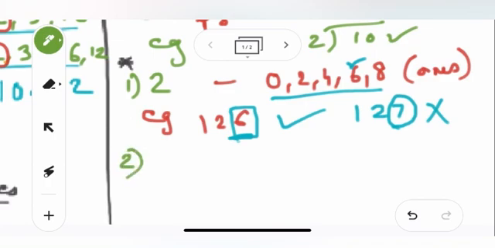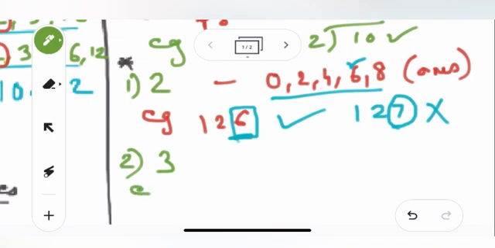The next number is 3. Let us see how to find out whether a number is divisible by 3 or not. If the sum of the digits is divisible by 3, then we say that the number is divisible by 3.